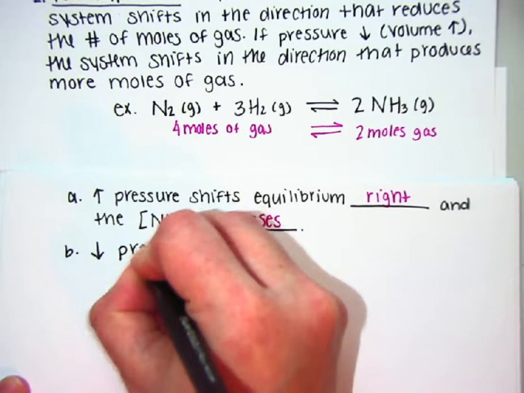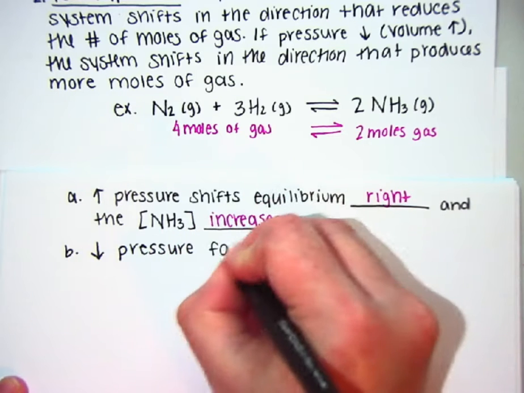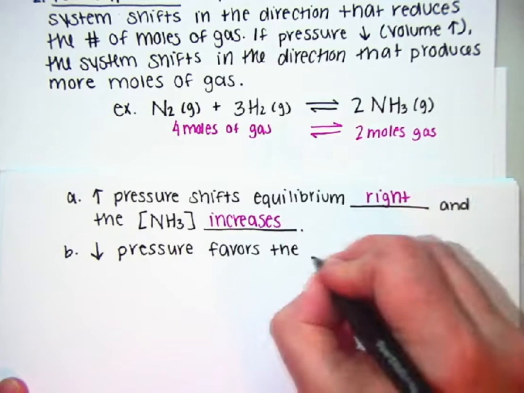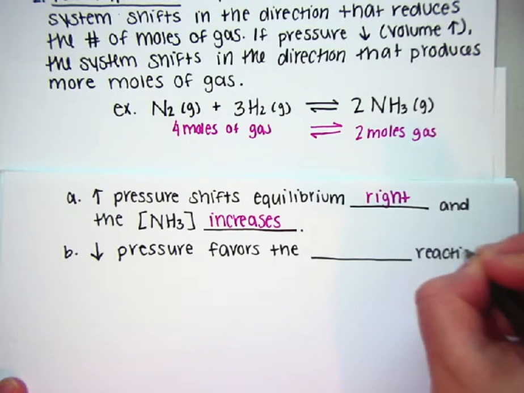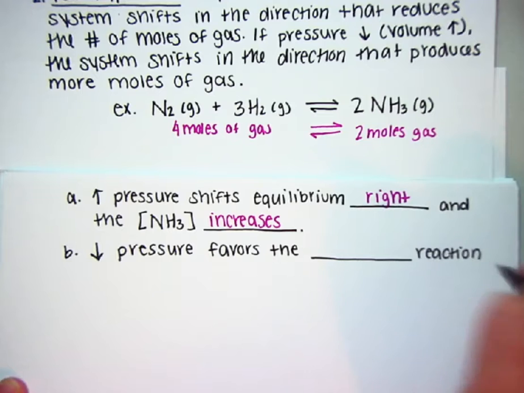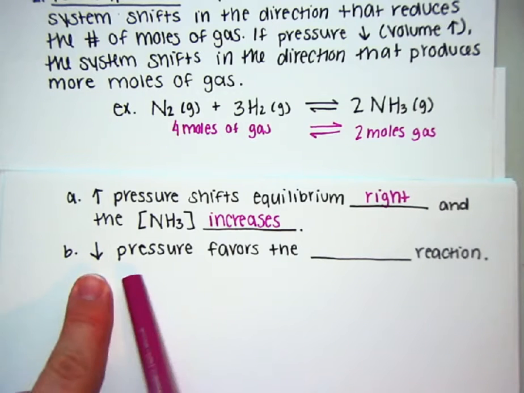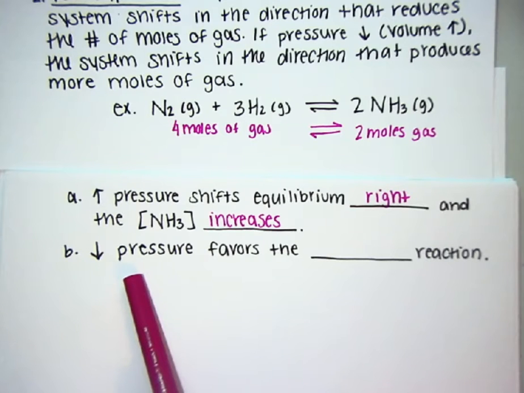Decreasing pressure favors the blank reaction. So forward or reverse. So again, I like to think of this in terms of volume. Decreasing the pressure, that means I increase volume. They're inversely related.